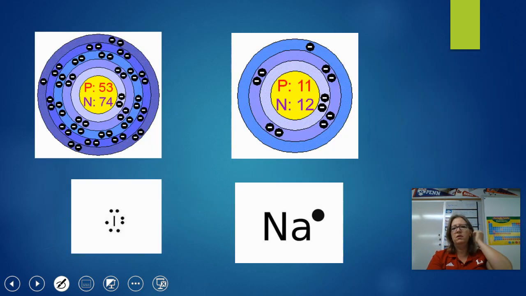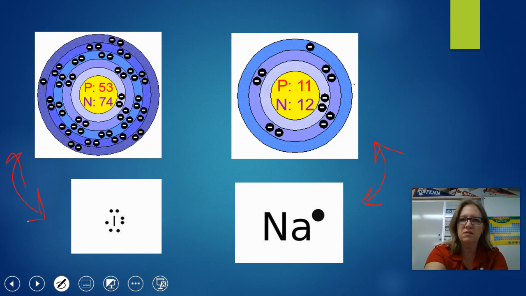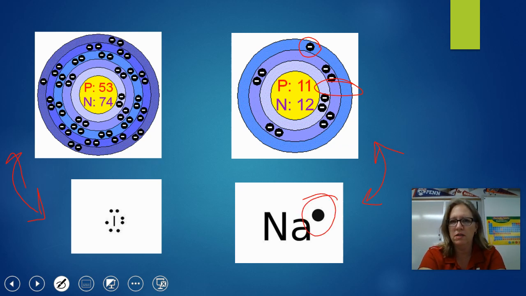Here's just a couple more Bohr models and those dot structures. These are both sodium, and these are both iodine. So if you look up element number 11 on your periodic table, that is sodium. You can see that sodium is in the third period because it has these 3 orbits, and it has 1 valence electron, which is represented with that 1 dot there.